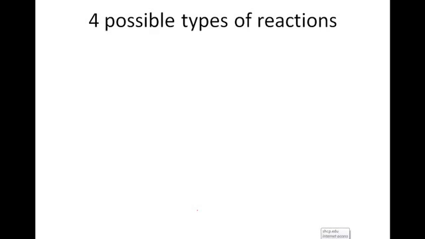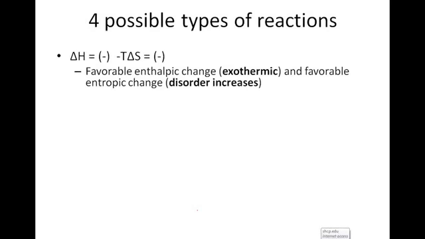There's 4 types of reactions when dealing with these variables. If you have a negative delta H and a negative T times delta S, that means you have a favorable enthalpic change, meaning that it's exothermic, and favorable entropic change, which means that disorder is increasing as well.